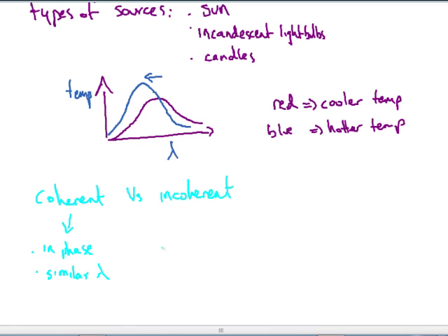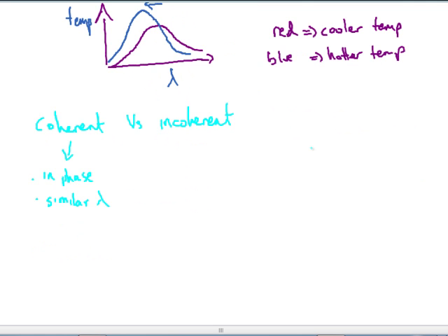So variation of maybe 1 to 2 nanometers. When it's incoherent, light can be in any phase and light is at any wavelength, which is what all of these are here. If we're talking coherent, we're pretty much predominantly talking about light that's going to be coming from a laser.